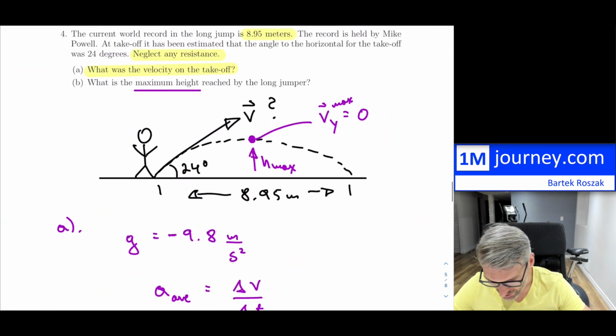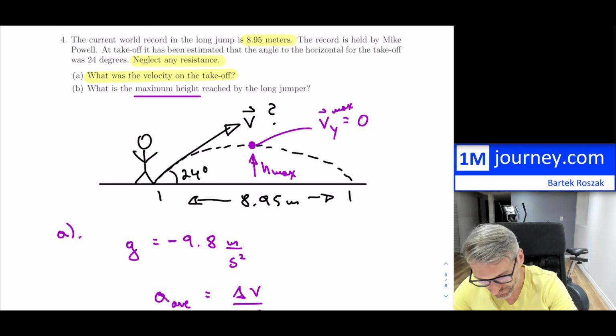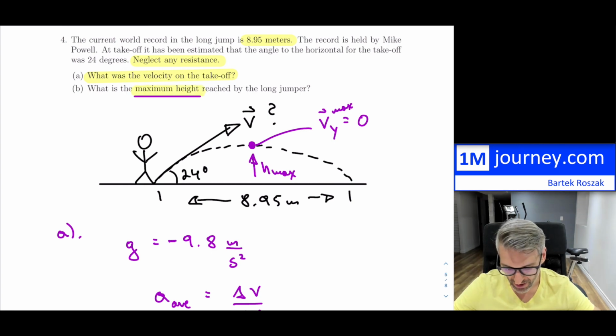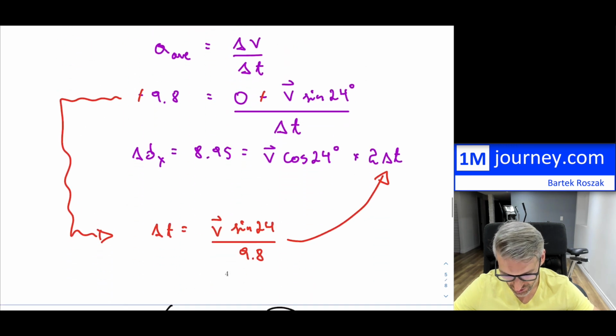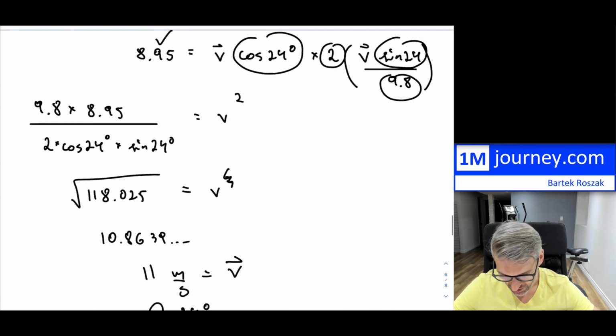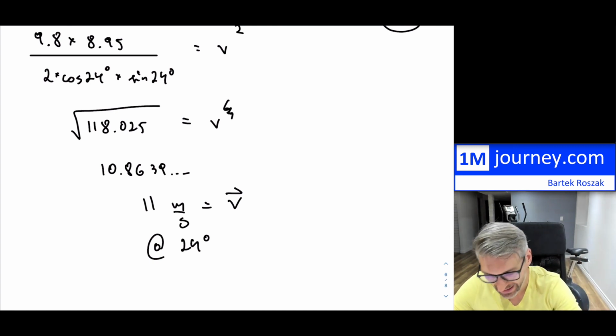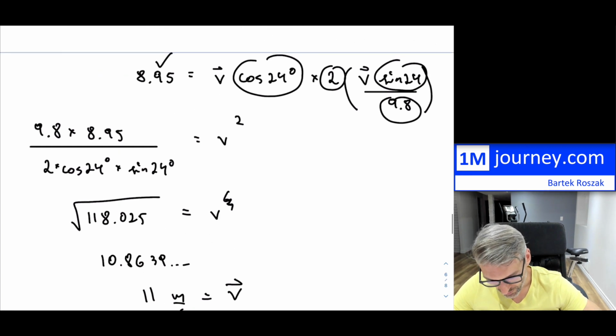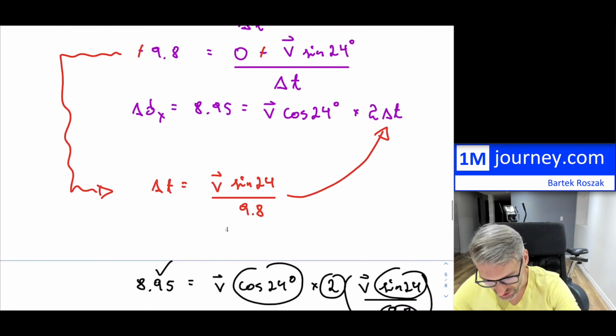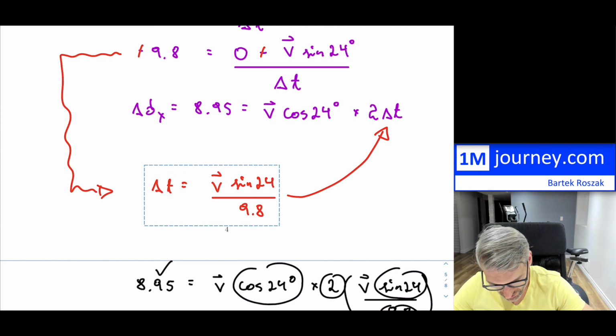Now the other question was, what was the maximum height? Since we know the initial velocity, we can certainly find delta t. Notice our delta t right here, so this is what it was.